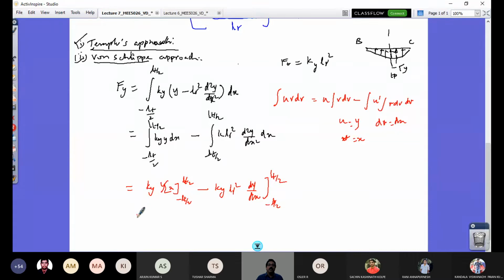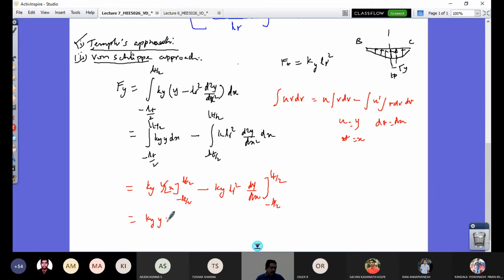So I just have to work out this now. This is going to be ky. Again, when x is equal to minus LT by 2, y is y2, whereas when x is equal to LT by 2, y is y1.